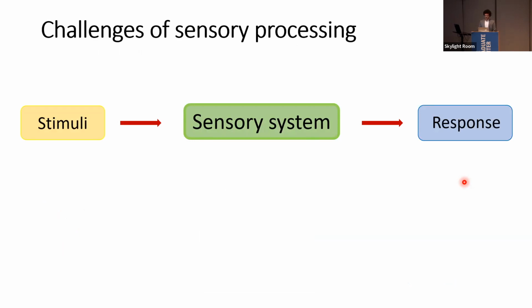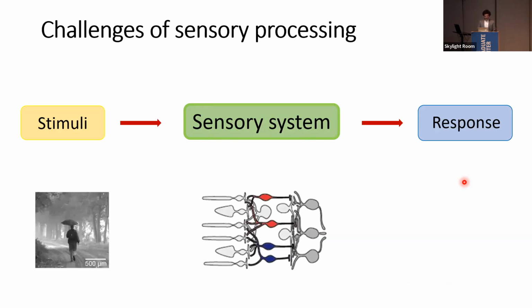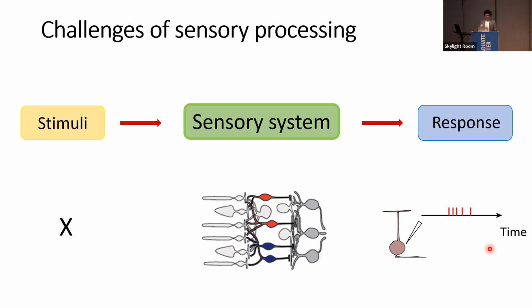This is a very general paradigm, and in particular, the sensory system that we are interested in is the retina. For us, stimuli are 2D images and responses are spike trains recorded from the sensory neurons that compose the retina. But beyond the retina, we can call these stimuli just X, whatever they may be, without loss of generality, and the response is just Y.